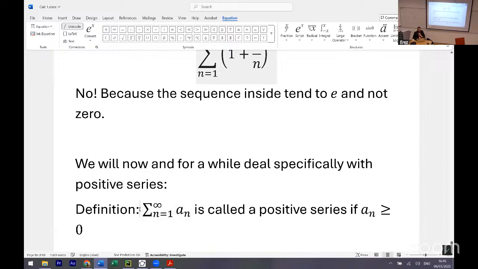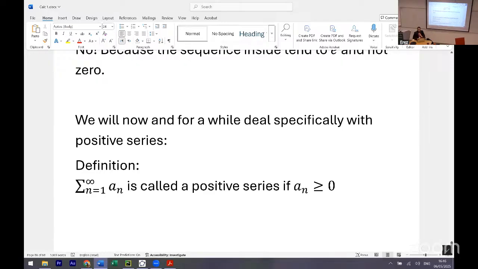So one might say, why do you call it positive if it could be 0? It would be simpler to say non-negative series. So a positive series is a series where all of the elements are larger or equal to 0. And you will see later why we start with this series, but for a while we will deal with them.